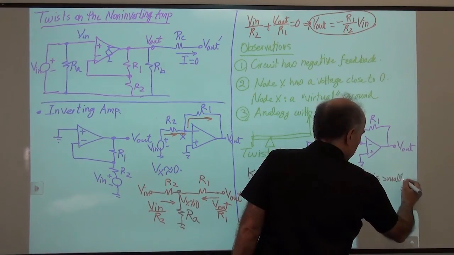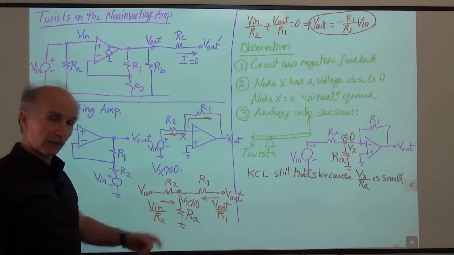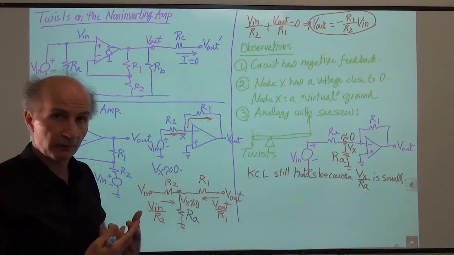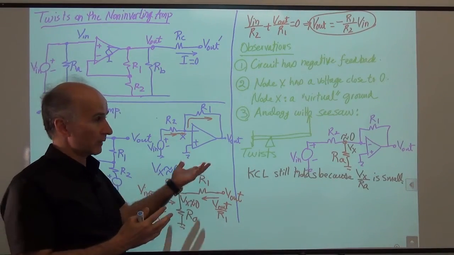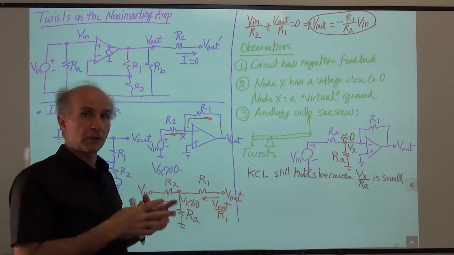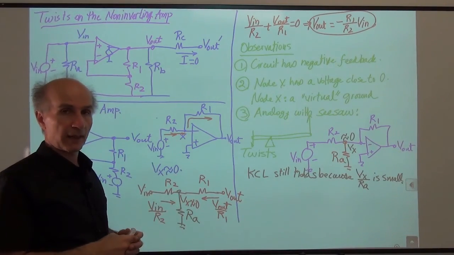So we don't have to include that current in our calculations of a KCL here. All right, so interestingly, if we connect a resistor from the virtual ground to the ground, the overall equation doesn't change with the assumptions that we have made so far. Of course, if RA becomes really, really small, some other effects have to be considered, but at least for now, that's what we have.